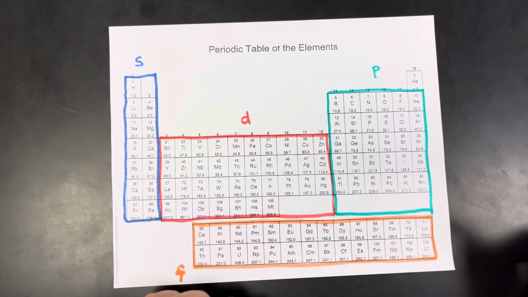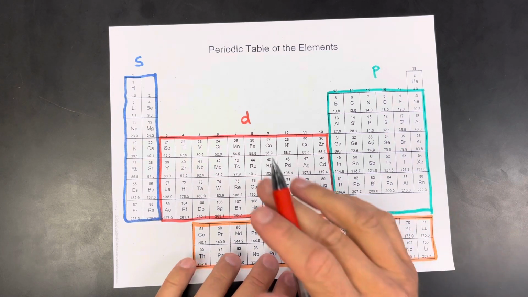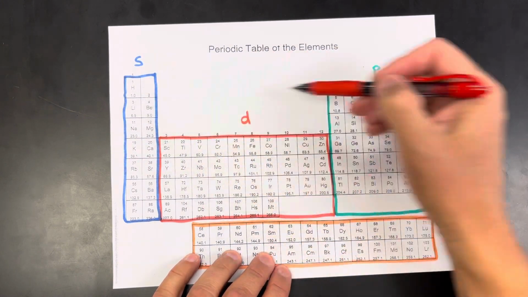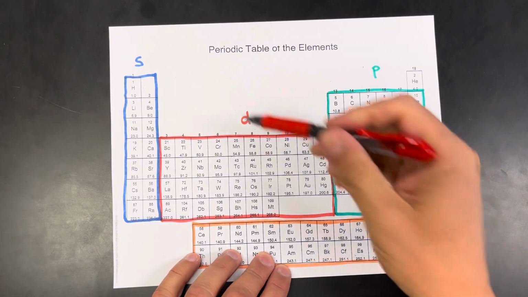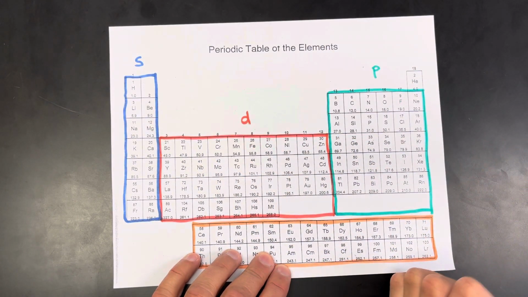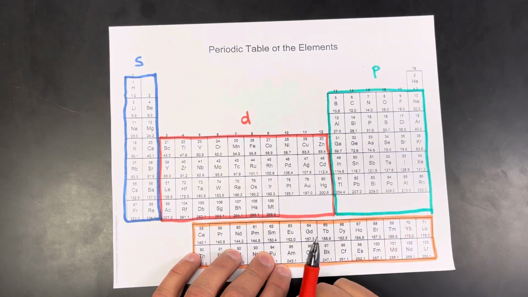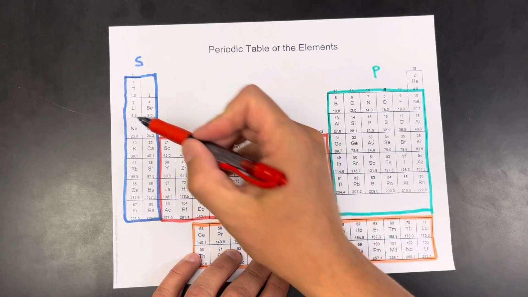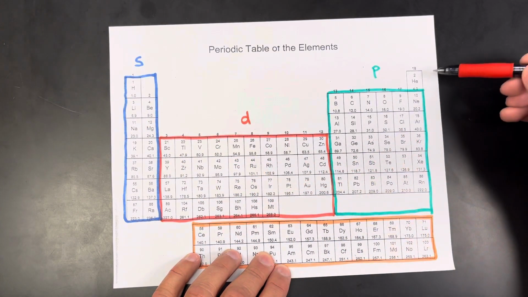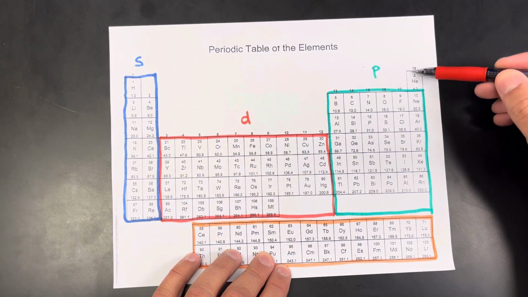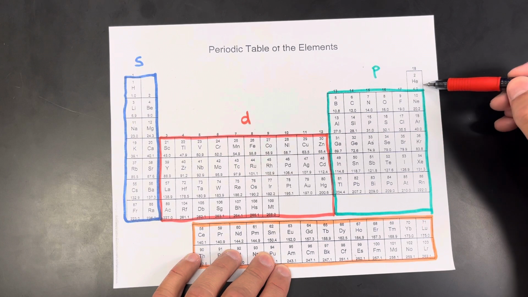What I'm going to do is start at the very beginning and do some elements at the top of the periodic table. Then we'll do a couple in the middle, and then a couple at the bottom. But before we get started, we've already identified our blocks, but we see that helium is kind of outside of this P block.